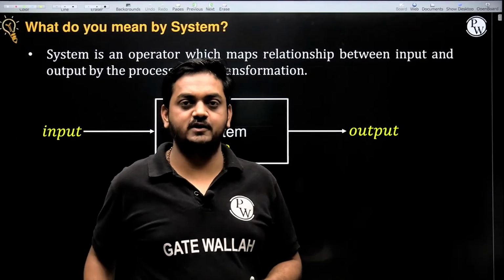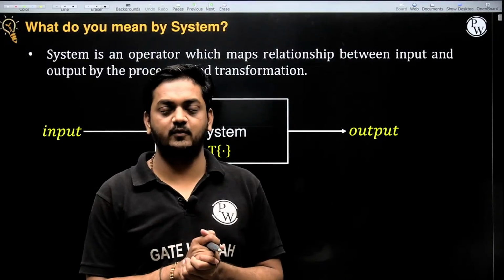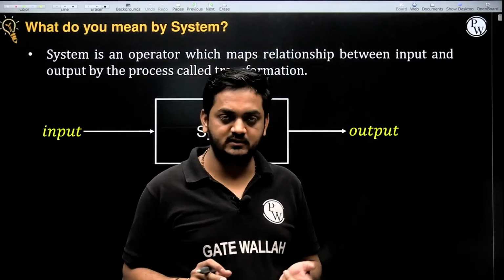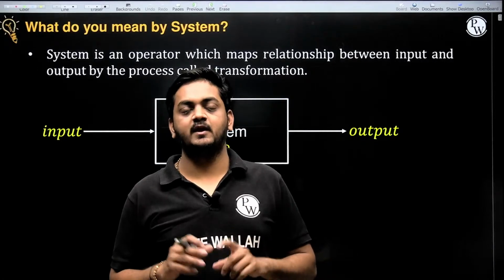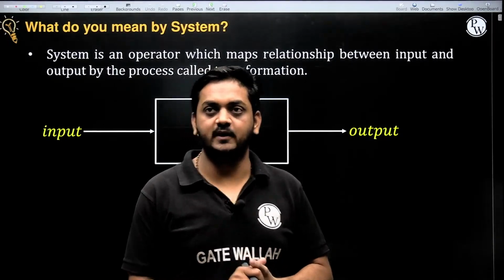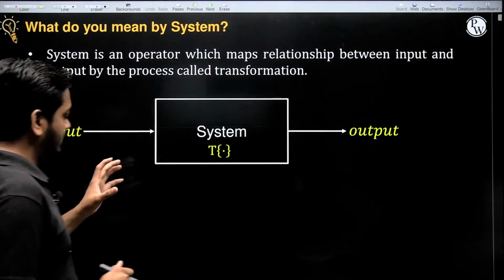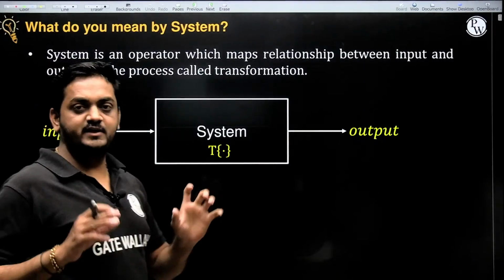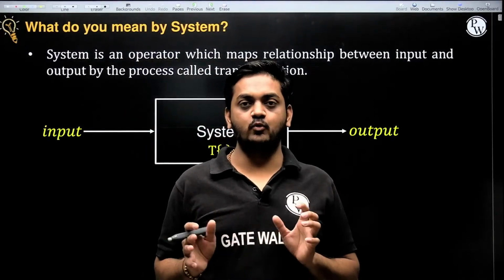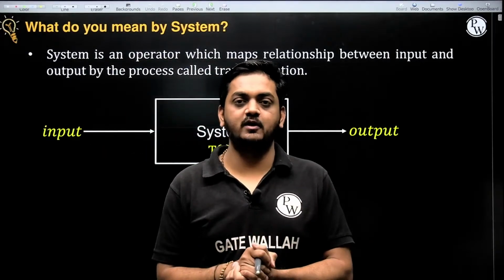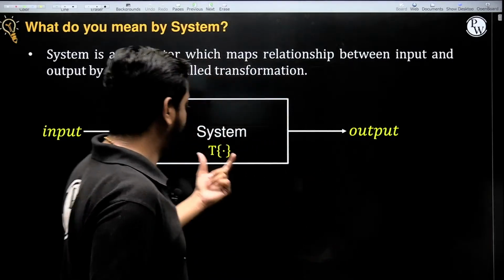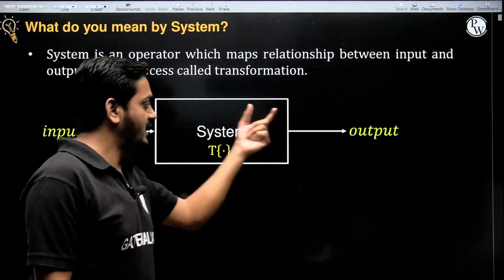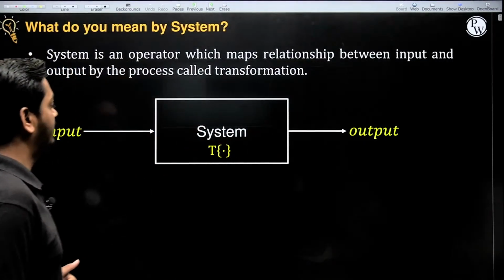First of all, let us understand what is the meaning of system. There are two types of definition. The first definition we will study in signals and systems, and the second definition you will study in control systems also. So what do you mean by system? A system is an operator. It is an operator which maps the relationship between input signal and output signal by the process called transformation.